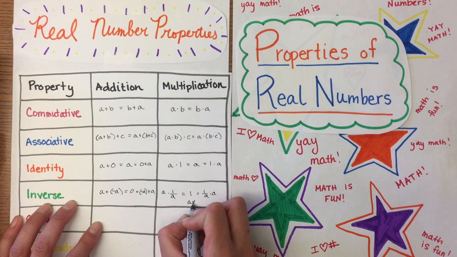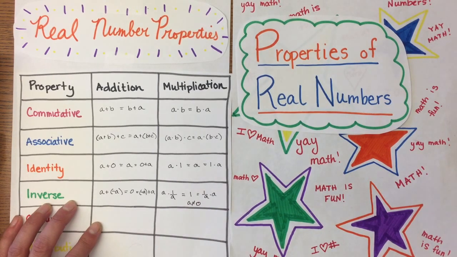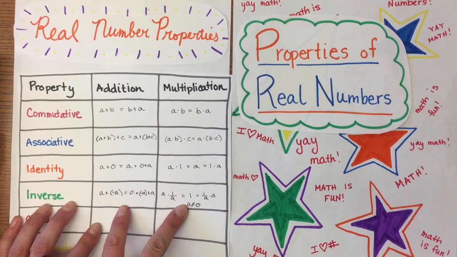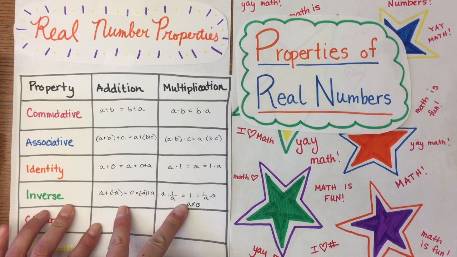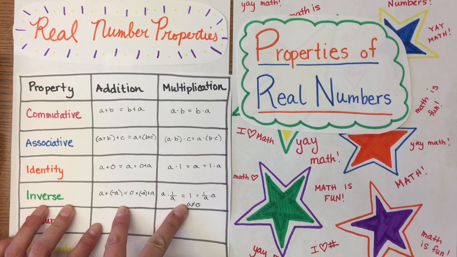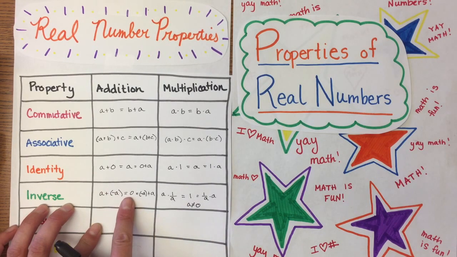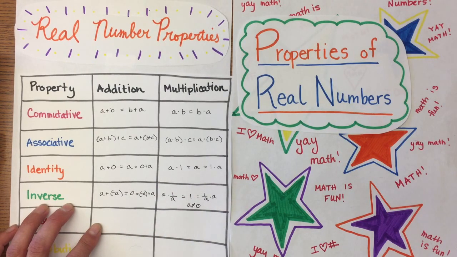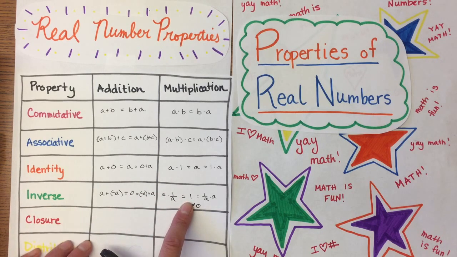For this particular property, A may not be equal to 0. So with the addition property and the multiplication property of inverse, it's what do we have to either add or multiply by to make the variable go away. So for addition, we want to end up with 0, and for multiplication, we want to end up with 1.